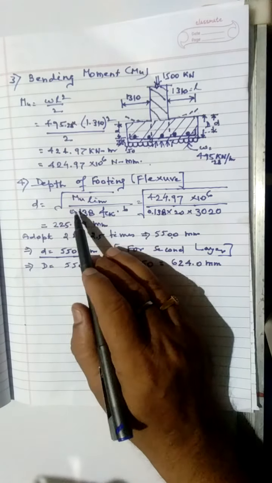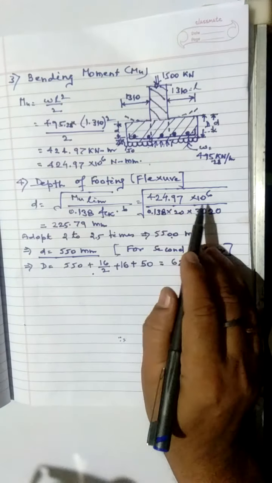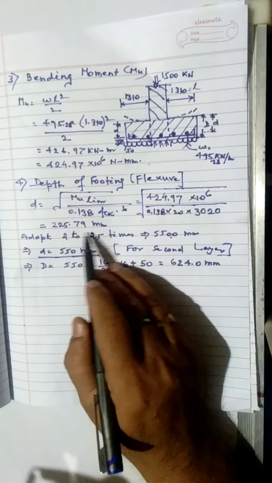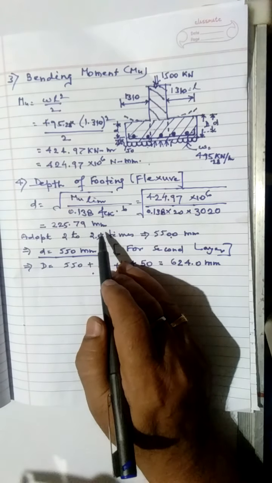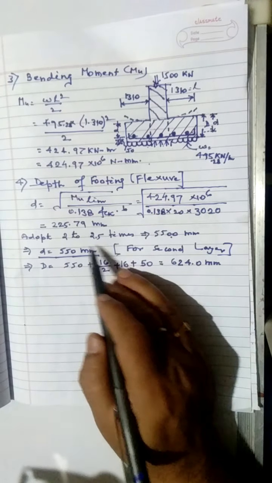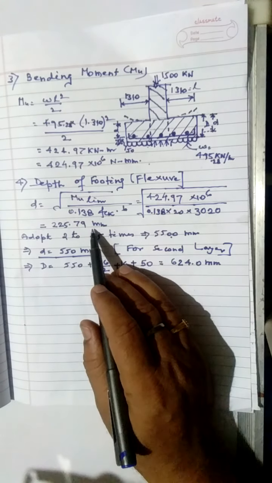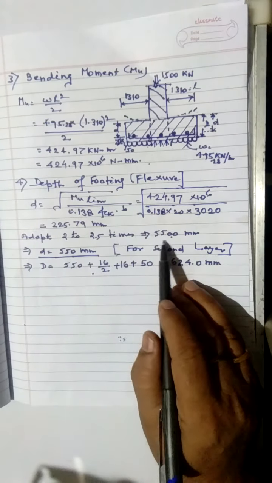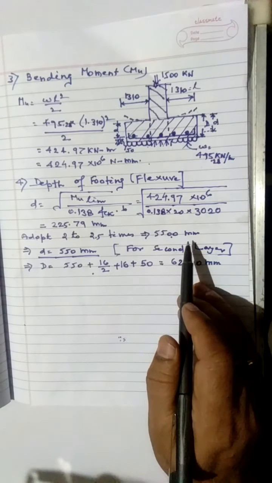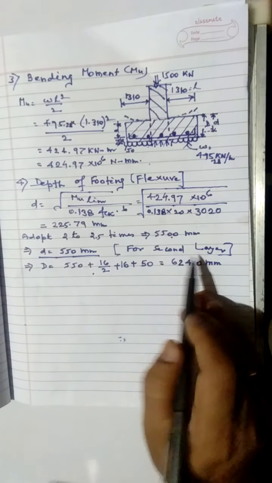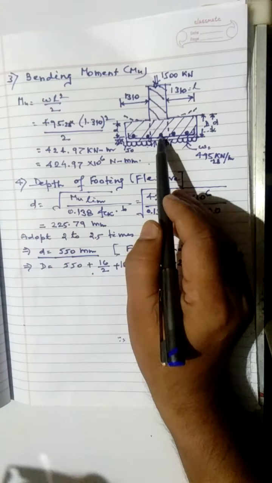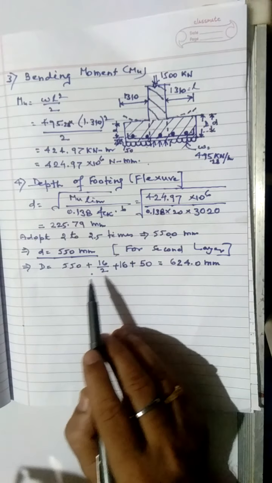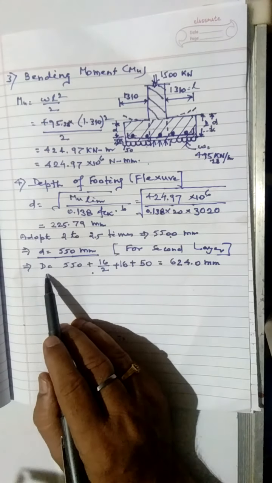So as per this formula, d comes 225.79 millimeter. So generally we take 2 to 2.5 times of this value of small d, and let's take 550 millimeter as the value of small d for the second layer reinforcement, that is the circle bar. So with this we can now calculate the total depth.